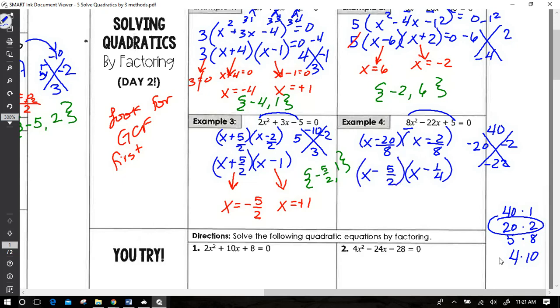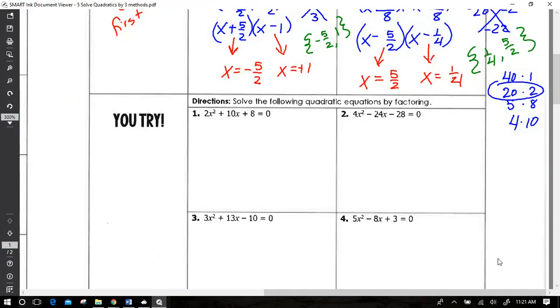I divided both of those numbers by 4. Okay, and now I'm ready to get my solutions or roots or zeros or x-intercepts. Remember, those are all words that are used for this. And when I solve these, both of those fractions come out positive. And so here is my final set of solutions. 1 over 4 and 5 over 2. Excellent job.